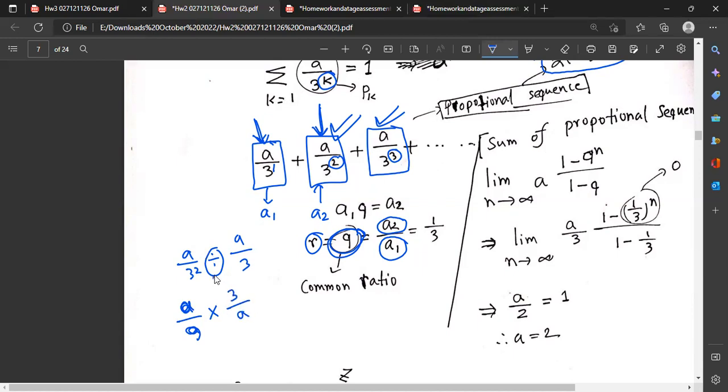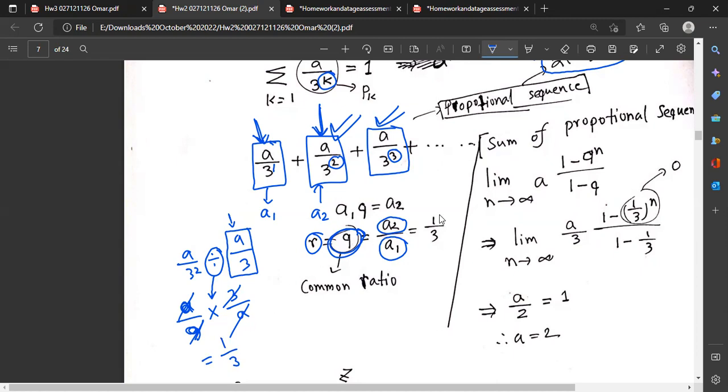When we flip the sign, we have to flip this fraction, okay? So it is 3 by a, and now we can cancel out 3, and we can cancel out a. So the answer will be 1 by 3, right?